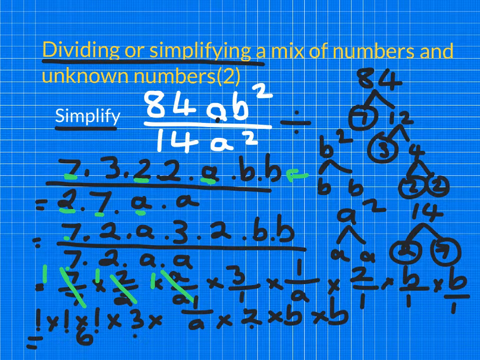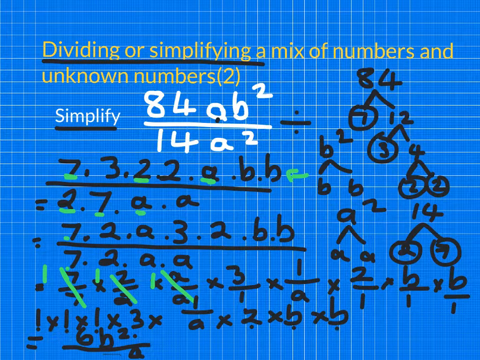We've also got a 1 over A, so in other words, we still have to show that it's going to be over A. And we've got a B times a B, which is simplified as B squared. So let's make this look a little bit tidier.